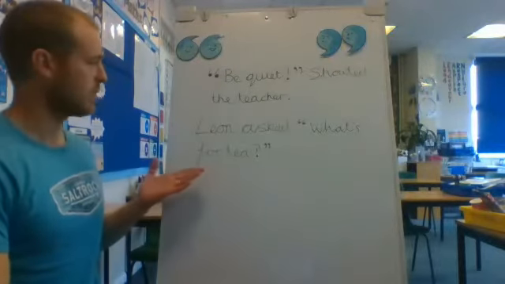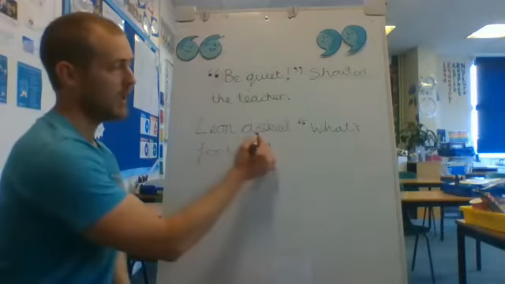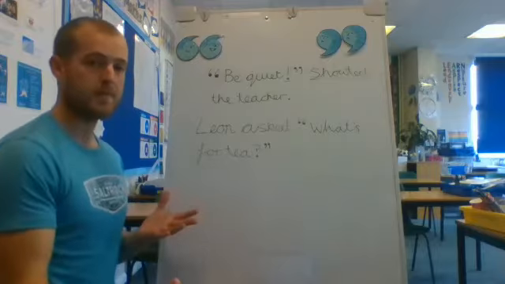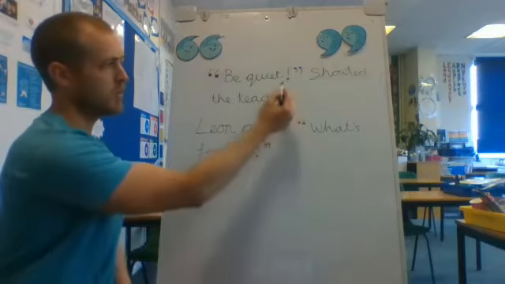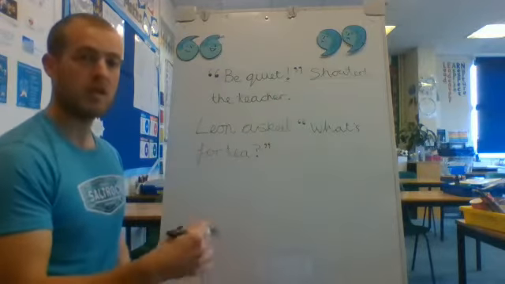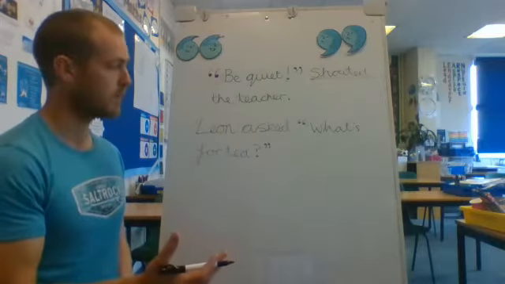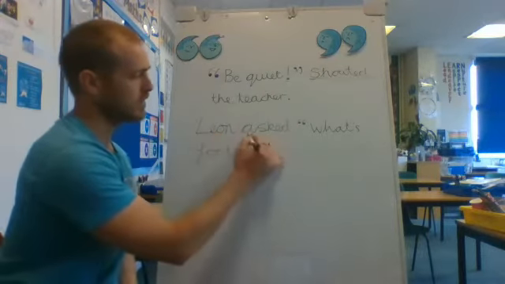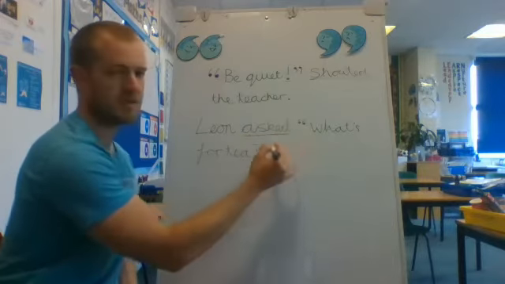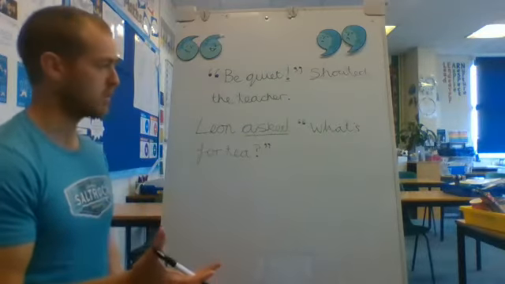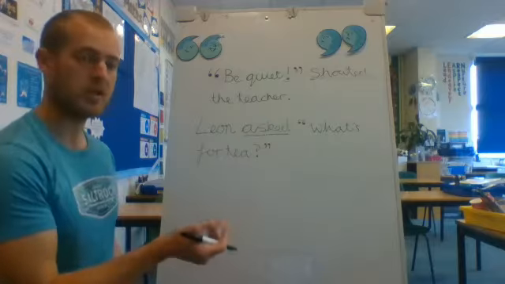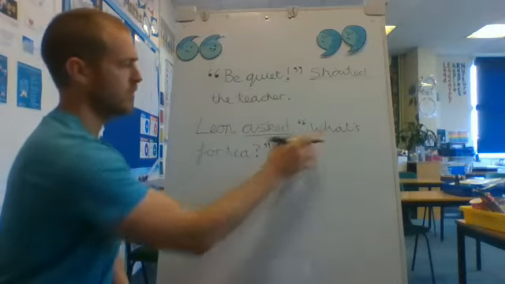Here's the other example. Leon asked, "What's for tea?" We talked about using punctuation within our speech to indicate how the person might be feeling or the way in which they're saying it. Here, instead of said, we've changed it for asked. And that's when we use questions. And you can use questions in speech too. What's for tea?